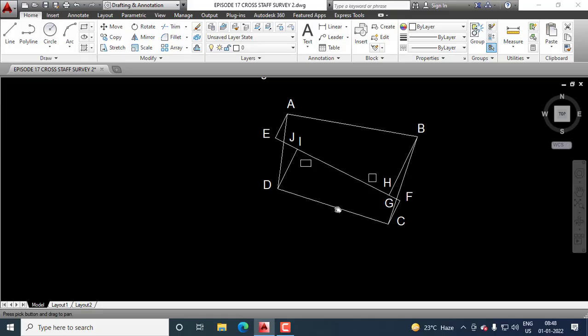If we add the area of the field below the baseline and above the baseline, we will get the area of the field A, B, C, D.